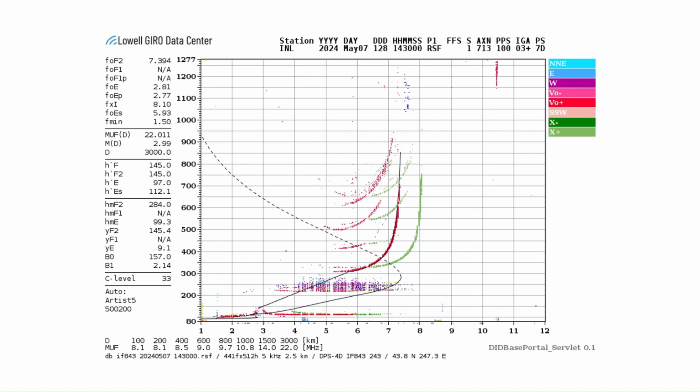Same type of thing with this one, really clean F trace. Again, I suspect, based off the blanketing that's severe enough, that we're missing an F1 trace. Because we have no inklings of the F1 trace, I would generally recommend not scaling the trace of this ionogram, and instead just putting in a value for FOF2 and keeping your E region parameters.